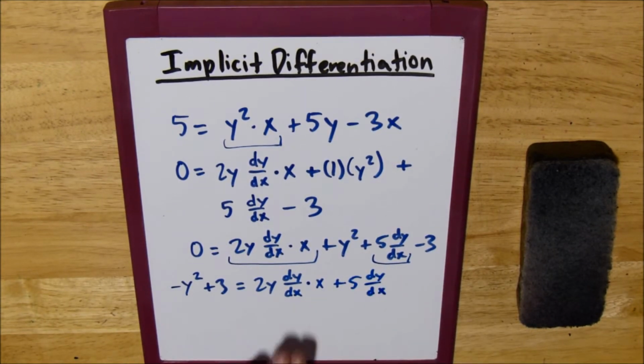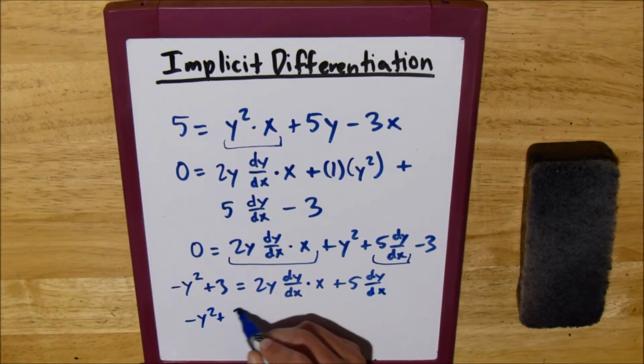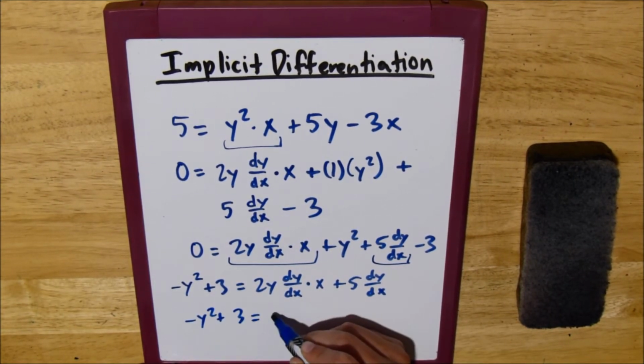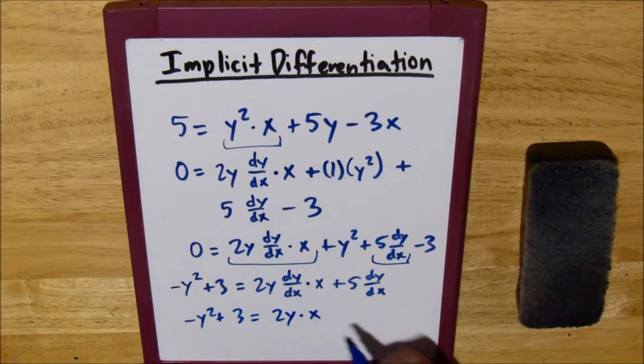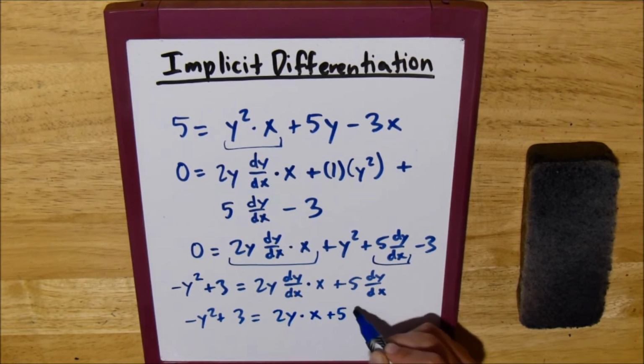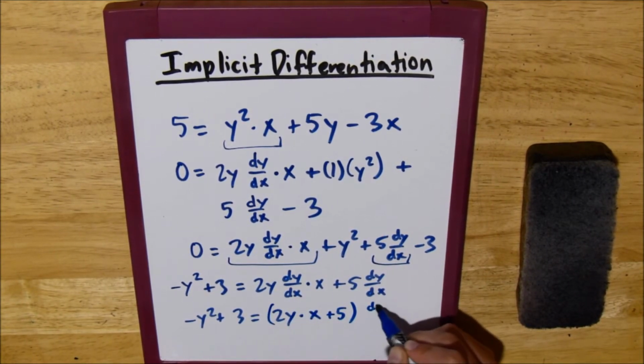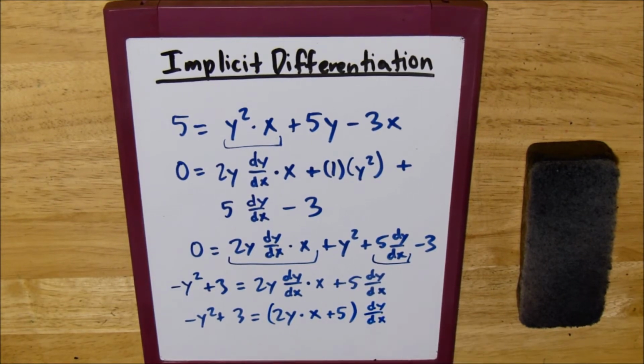Now we factor out our dy over dx on the right side. So 2y times x plus 5, all of this times dy over dx. See what we did? We just factored it out. And then we're going to divide our left side by all of this stuff, and we're going to be able to solve for dy over dx.